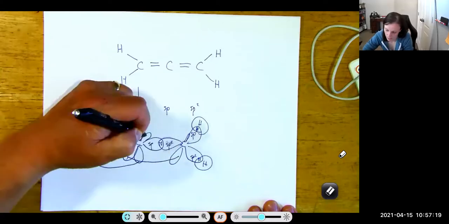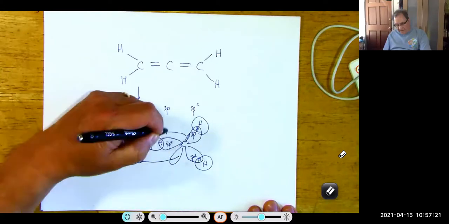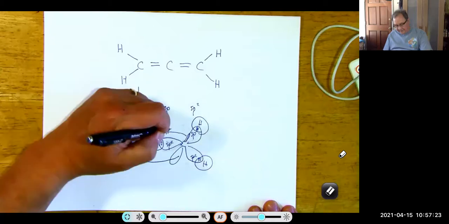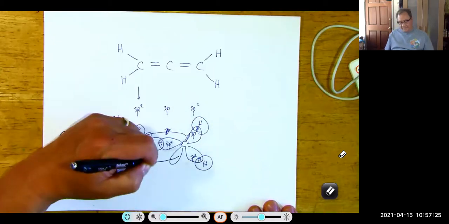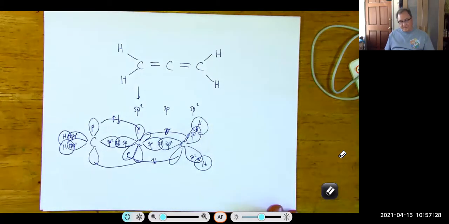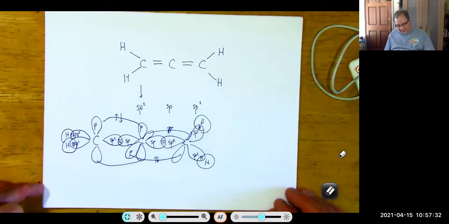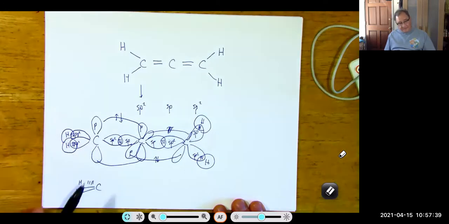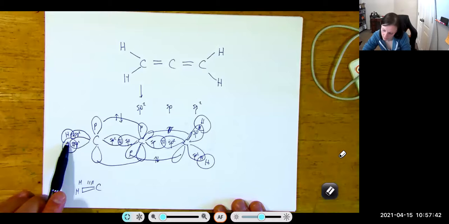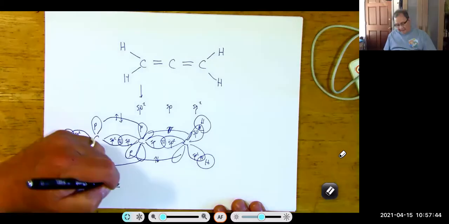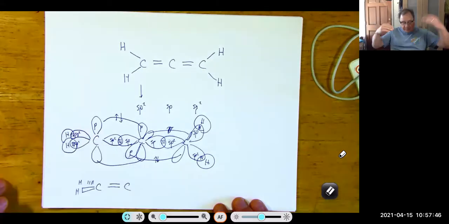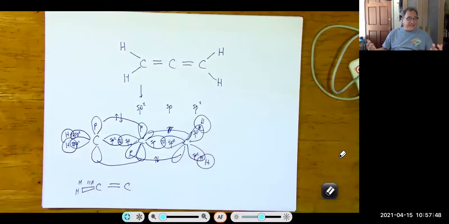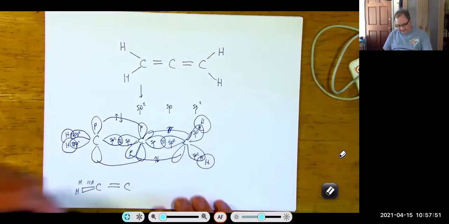And there is your other pi bond. So if we draw this in 3D, what's it going to look like? It's going to look like this. Even though the pi bond is above the plane, you don't see the electrons that way.